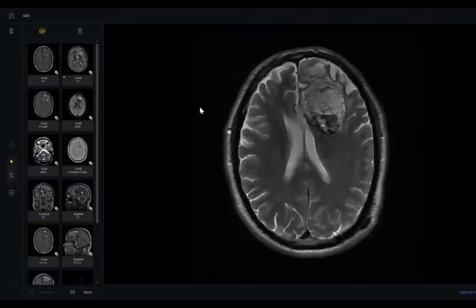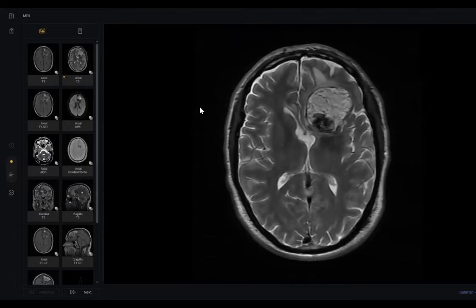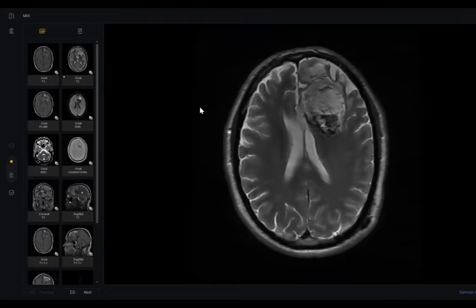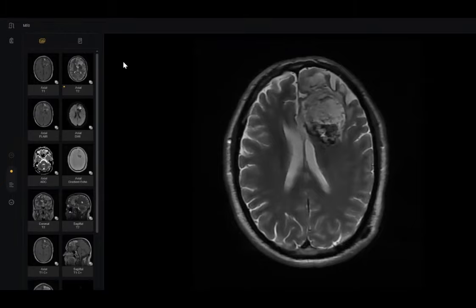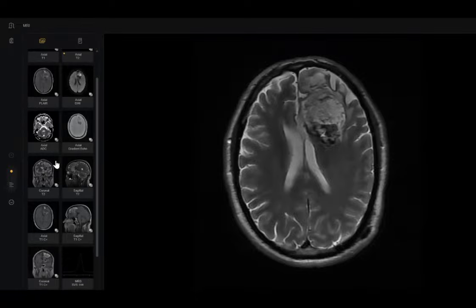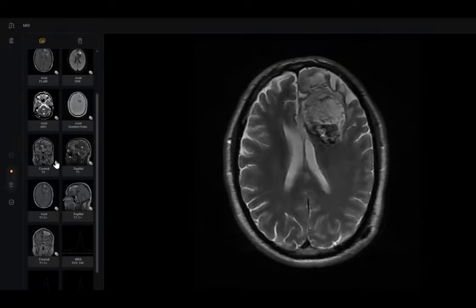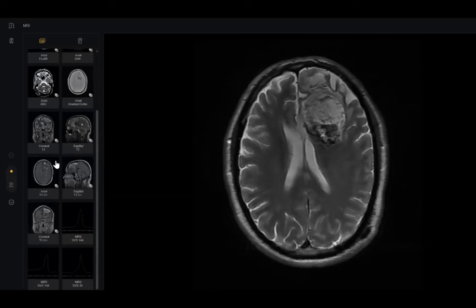It is a relatively well circumscribed lesion with cystic and solid components. So again, I am thinking of a hemorrhagic or fat component lesion because it is hyperintense on T1 and T2 weighted images. Next, I will want to see GRE images to rule out hemorrhage, or STIR images to rule out the fat component.